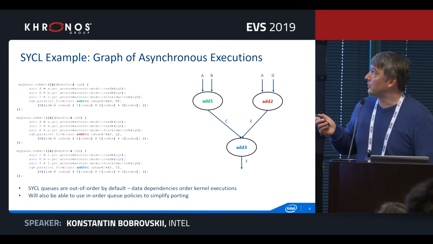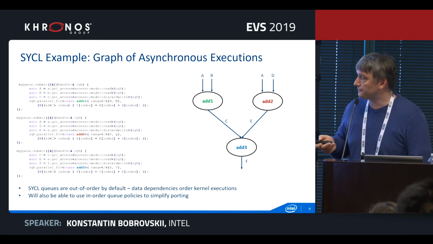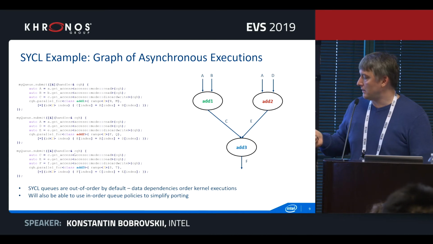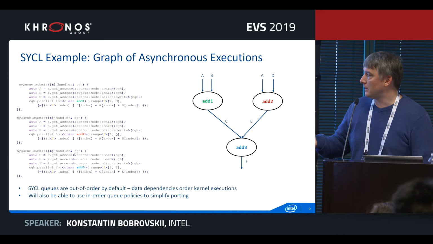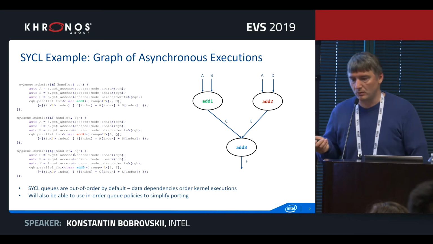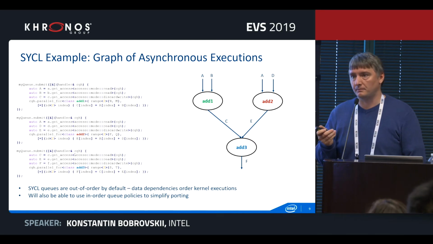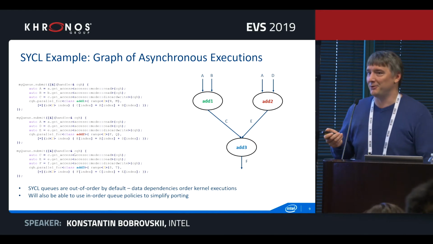And Add3 will be scheduled only after Add1 and Add2 have finished execution. Here's a small remark: we'd love to have in-order queues as well, because that would simplify porting. Hopefully SYCL Next will provide us with that feature.